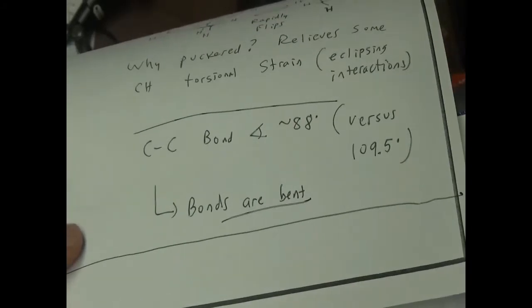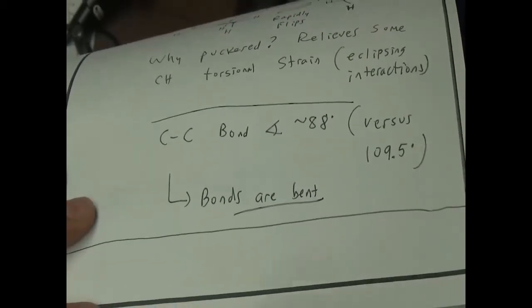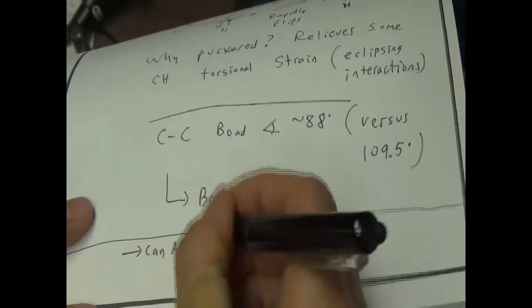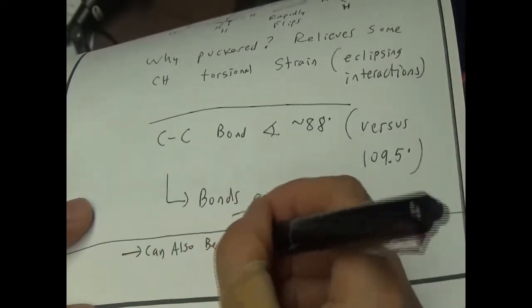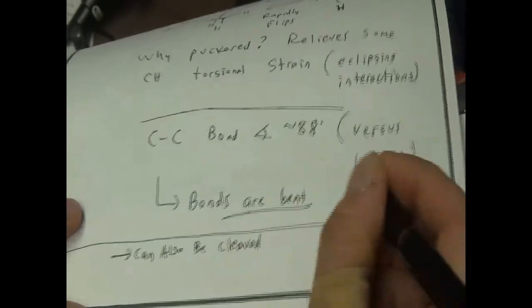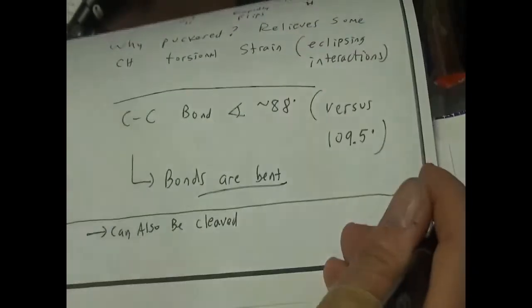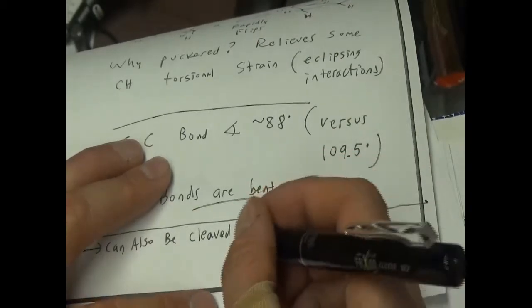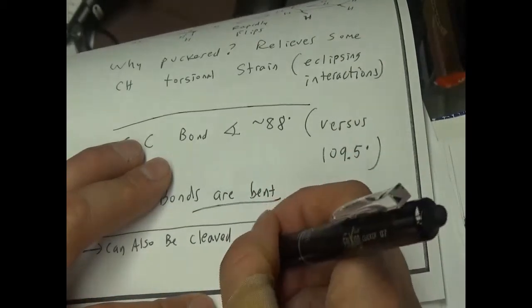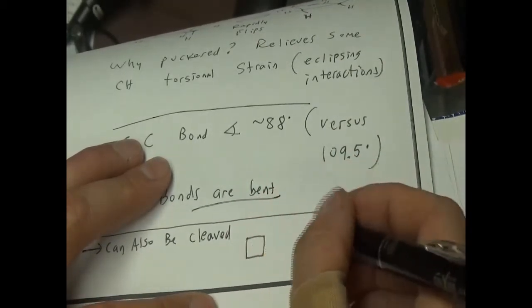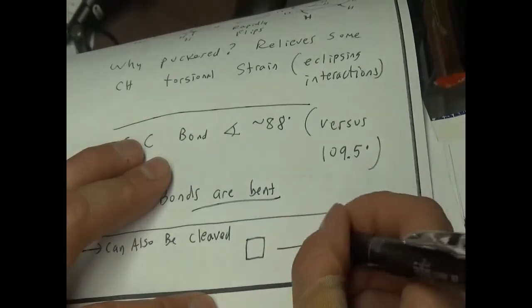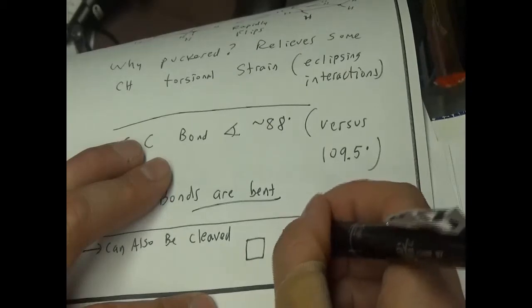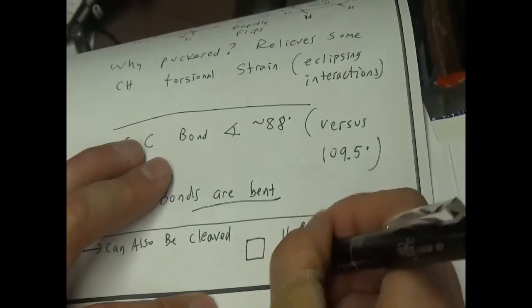And it can also be cleaved. Cyclobutane can also be cleaved in a similar manner to how cyclopropane could be cleaved, with H2 and palladium on carbon.